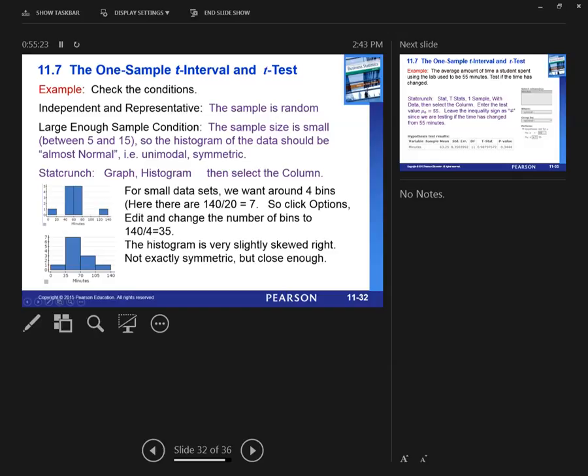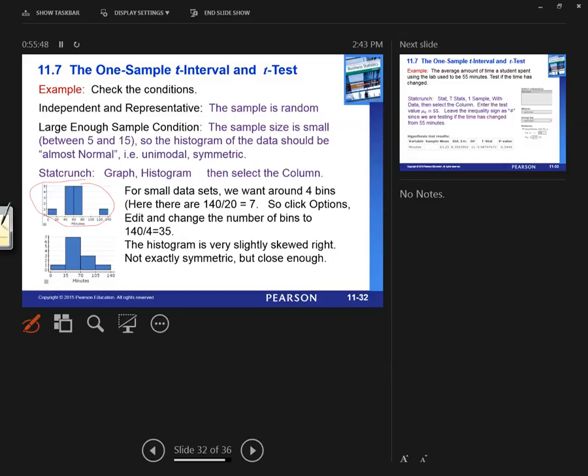You select the column and hit submit, and this is what you get. So this is what comes out of StatCrunch when we first do it. And for some reason, even when the data sets are really small, StatCrunch does not accommodate and reduce the number of bins. I mean, for a very small data set, you should have at most 5.